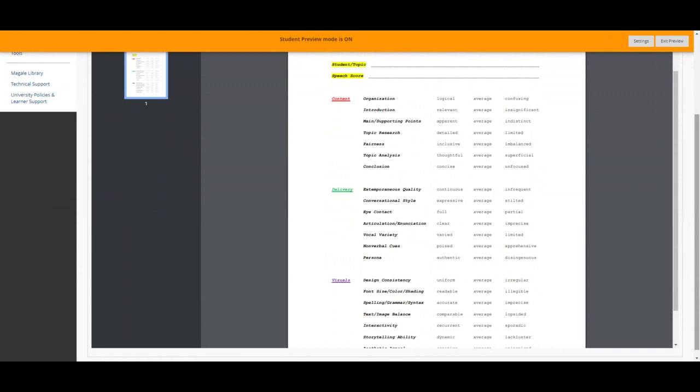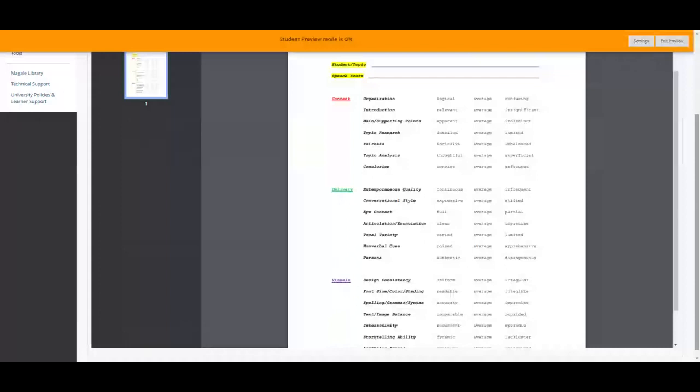But the content for your presentation is going to be broken down in my class into these categories: organization, introduction, main and supporting points, topic research, fairness, topic analysis, and conclusion. The specific areas we'll dive into later.